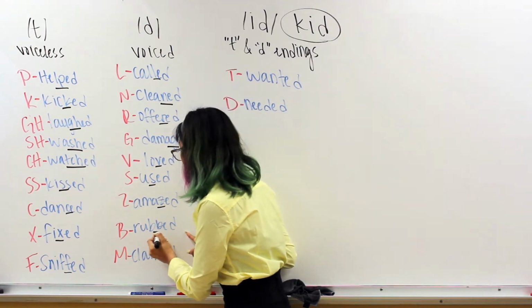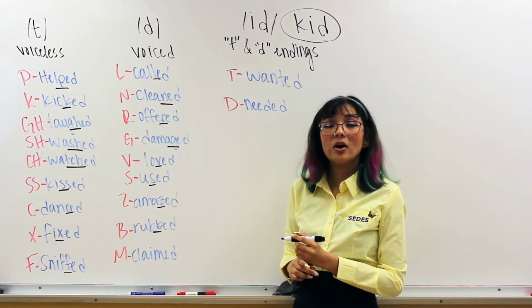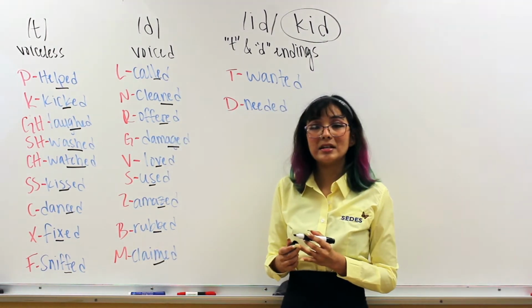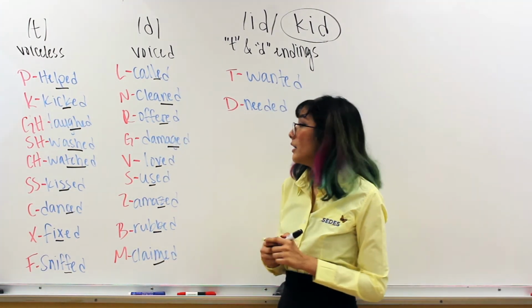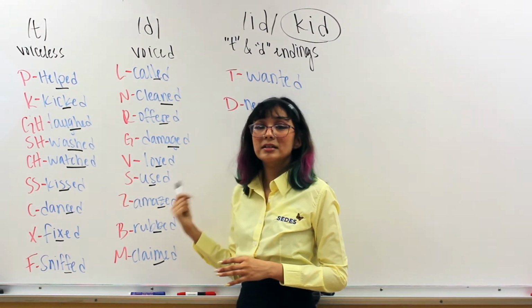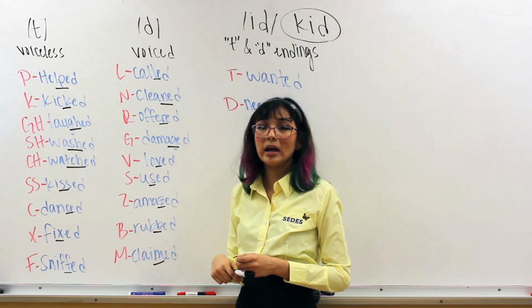Now here with the letter B, rubbed. And here with the letter M, claimed. Now, between these two, I do understand that the letter D sometimes is a little bit difficult to pronounce.